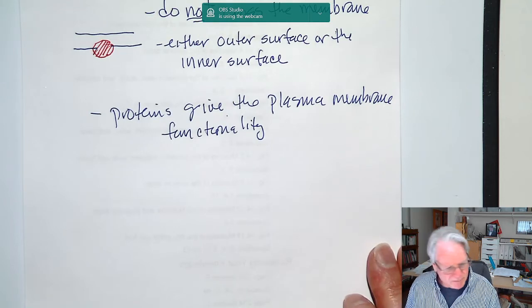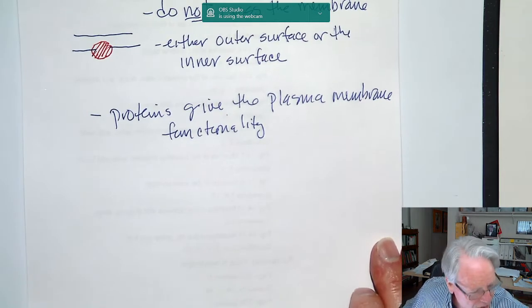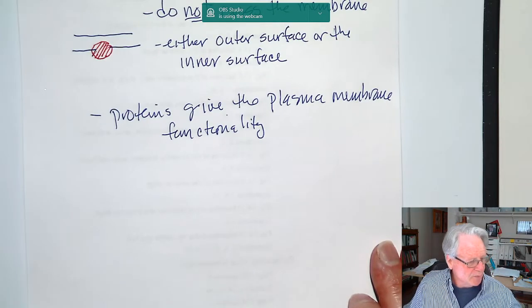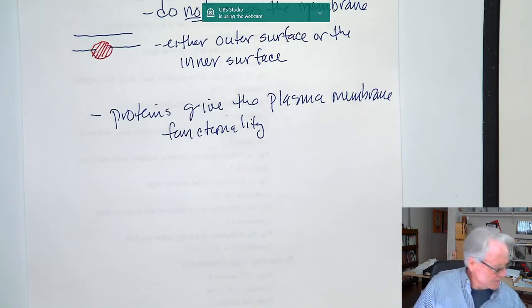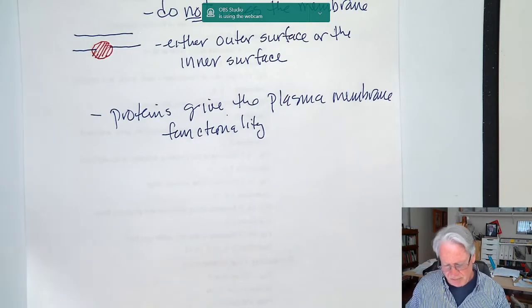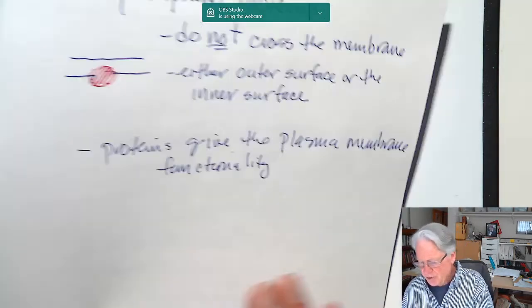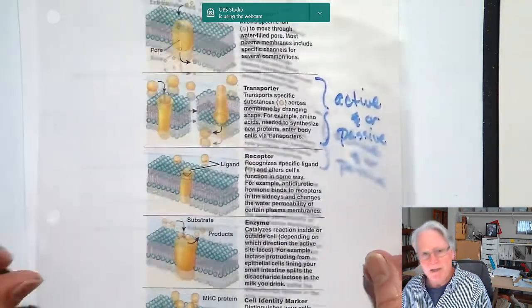So with that in mind, let's go ahead and take a look at some examples, broad examples of the kinds of proteins that are found in the membranes. And to do that, I'm going to utilize this image over and over again.